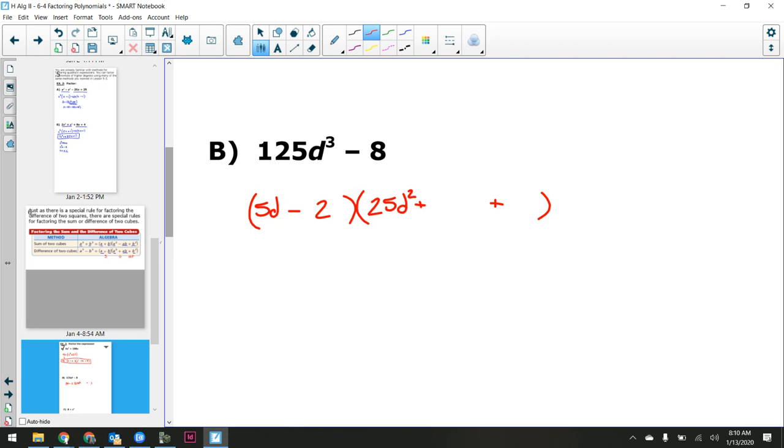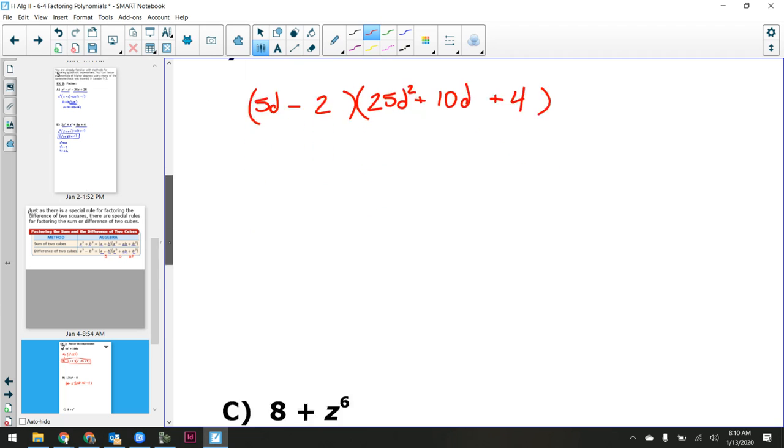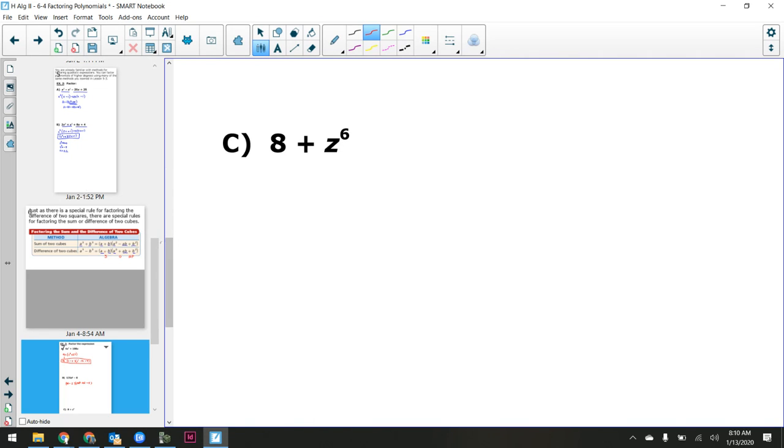Don't forget to square the 5 as well. I find the product of 5d and 2, which makes it 10d, and then I square 2 to make it 4. That make sense? Okay, let's try one more of these.